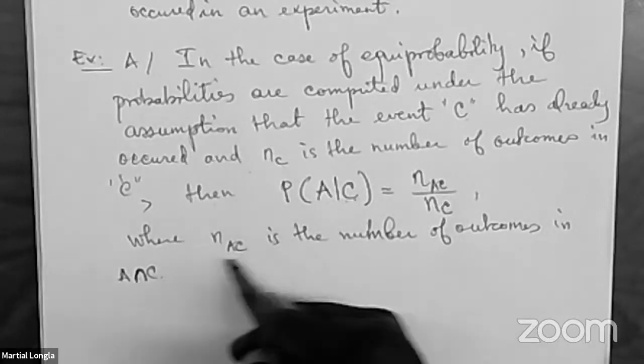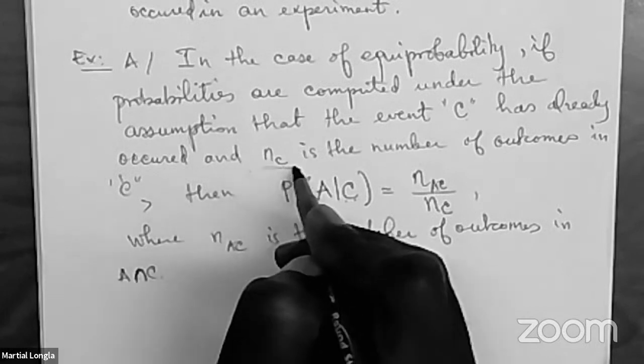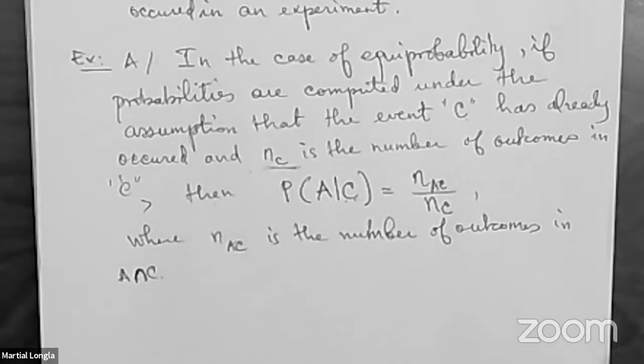And NC is already defined here, the number of outcomes in C.